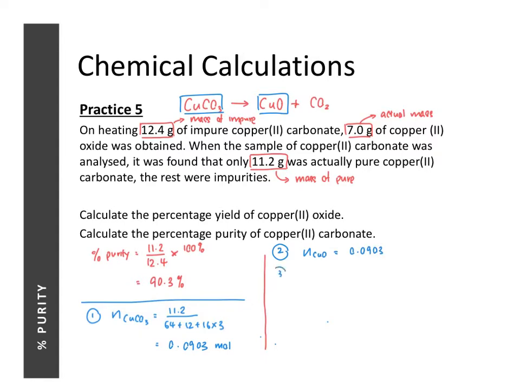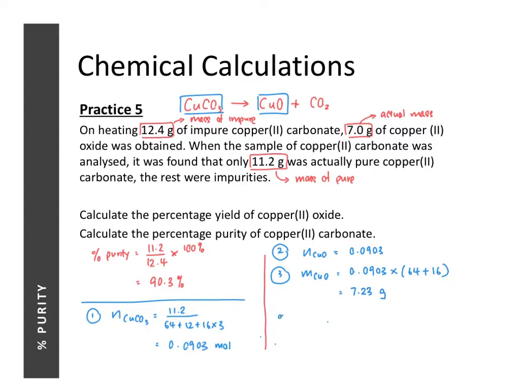And step number 3, convert from moles to the mass of copper 2 oxide. So we get 7.23 grams, and that is the mass of copper 2 oxide that should have been formed.